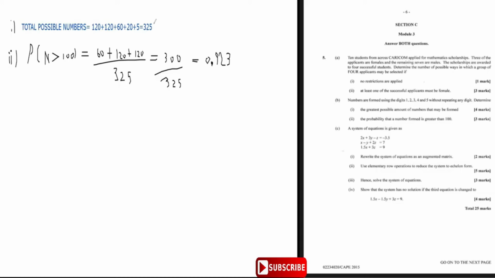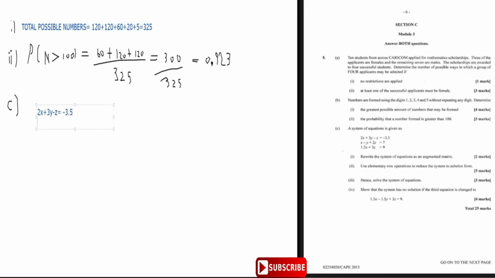Now, part C. Part C says that a system of equations is given. Let's just write down the equations before we even look at the question. 2x plus 3y minus z is equal to negative 3.5.